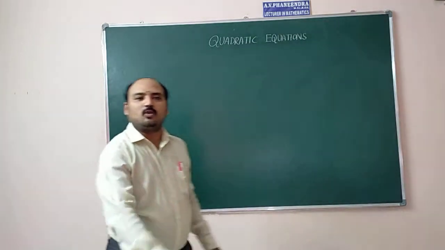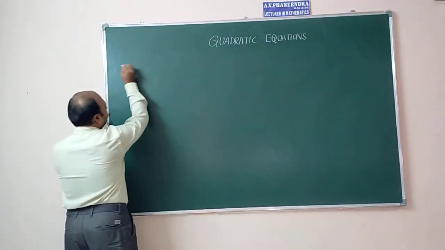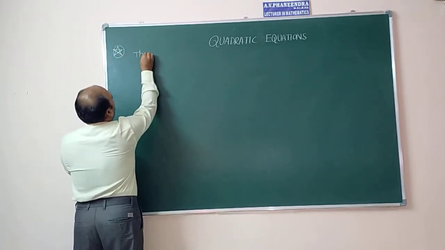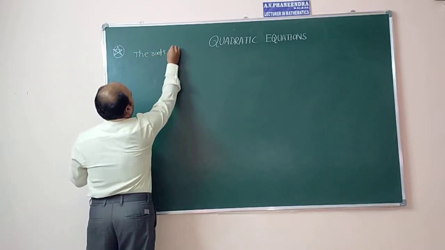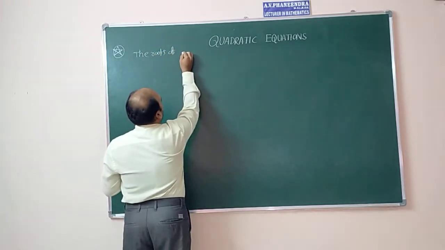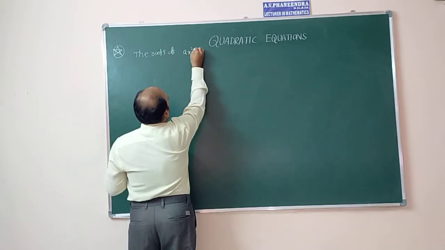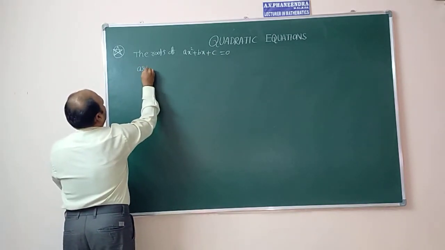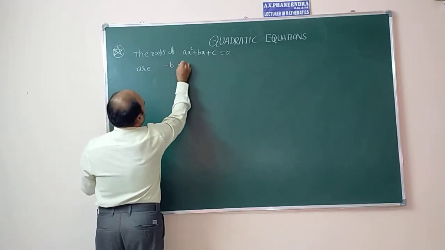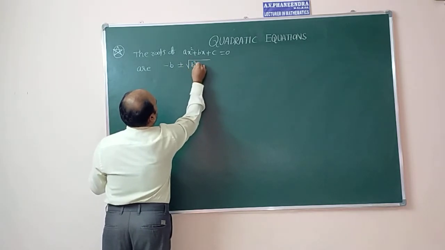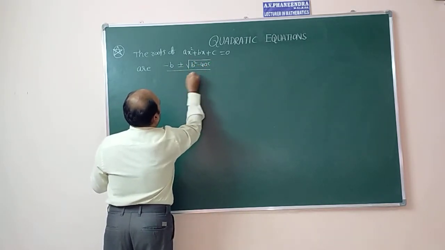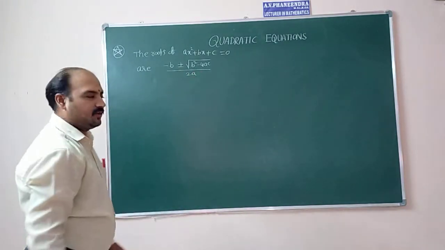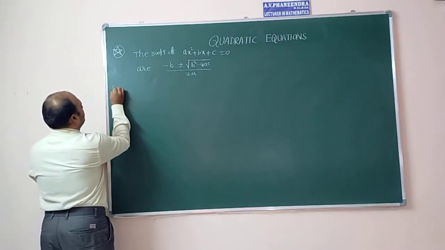The roots of ax square plus bx plus c equal to 0 are minus b plus or minus root of b square minus 4ac divided by 2a. How? These are the roots of the quadratic equation. Let us discuss.